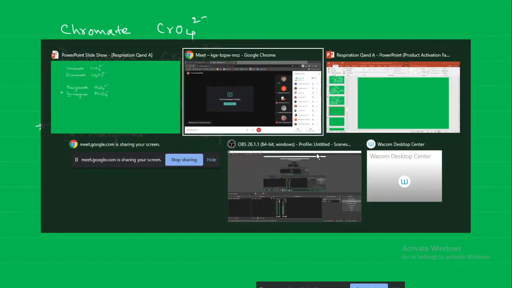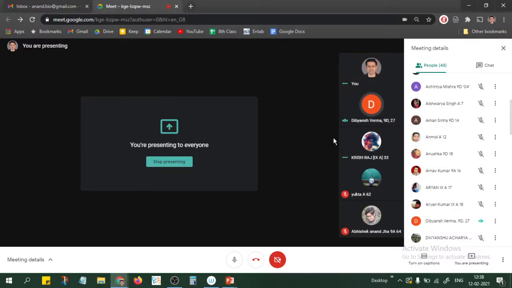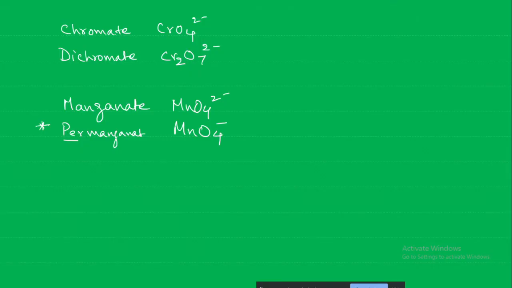Manganate, permanganate. In the case of manganate, it is 2 minus. In permanganate, it is a single minus. So which is the more oxidized form? Permanganate.